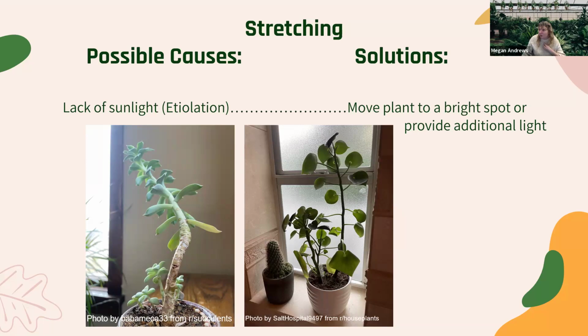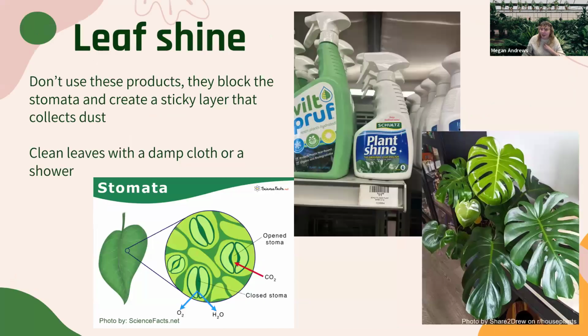Okay, I think I saw a question about this in the Q&A about how you shine up your plant's leaves. You can buy leaf shine products, but I really don't recommend these products. They tend to create a sticky layer that collects dust on your plant, and that blocks the process of photosynthesis.